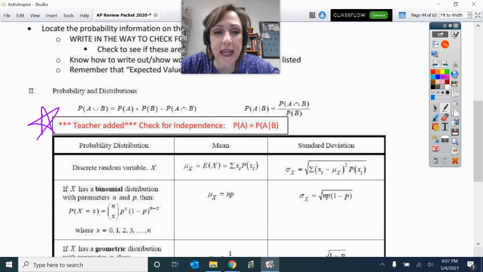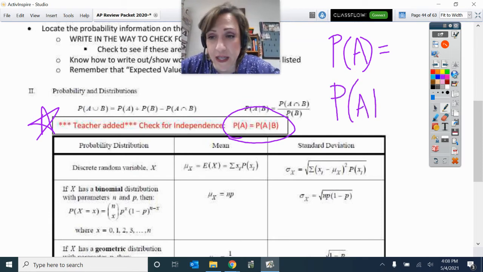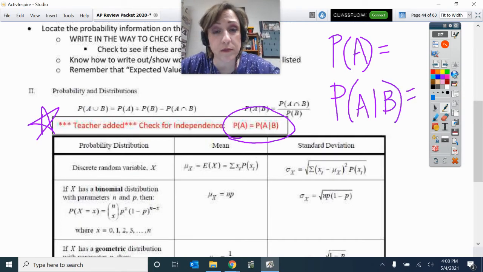Okay. And here, if we are checking for independence, where the fact that one thing happened is not changing the probability of the other, then this is specifically how we check for that. Remember, we had that a couple of days ago, that marginal probability of A happening: is it the same as the conditional probability of A happening given that B occurred? Are these two things equal?